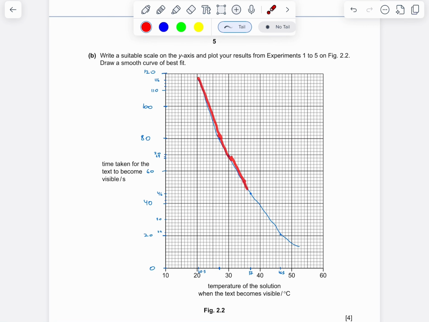Go in a smooth curve. Never pick your pencil up, go in a smooth curve. That is how you want to draw it. The examiner is also going to expect that you take the curve as far as you can with the graph. Okay, so that is how you need to do it.